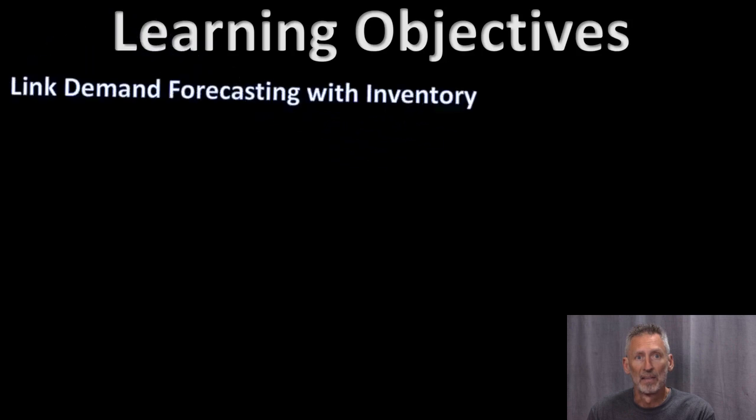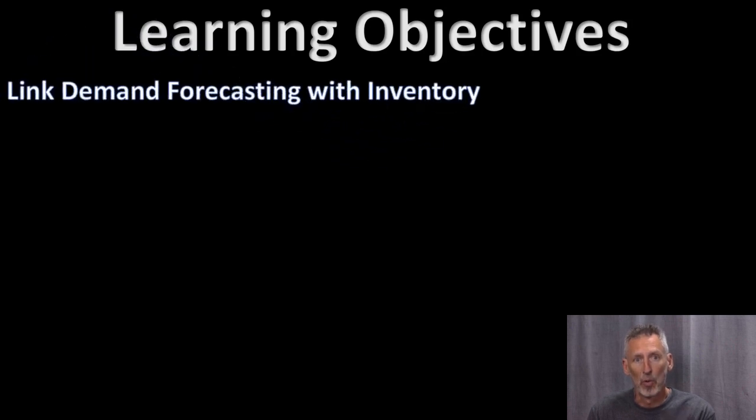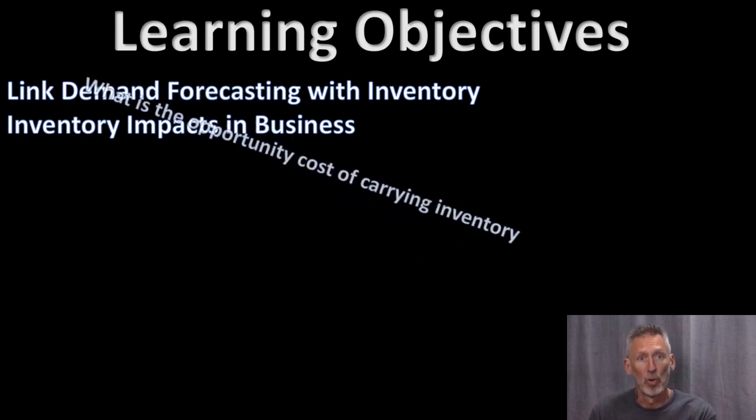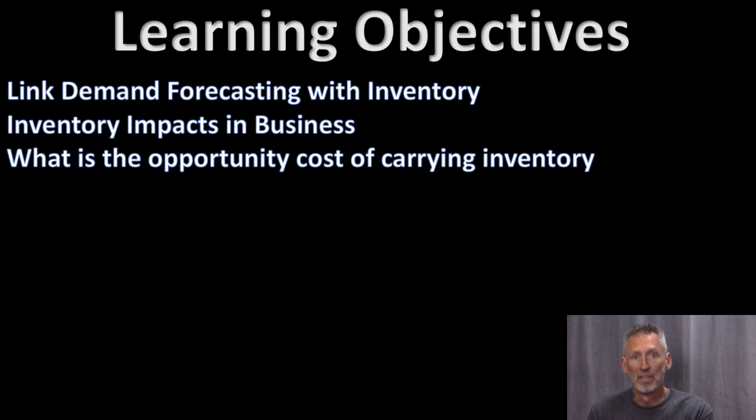Okay. So our learning objectives for this podcast are linking demand forecasting with inventory. I think I just did that. Inventory impacts on business. Let's look at a few examples. What is an opportunity cost of carrying too much inventory?